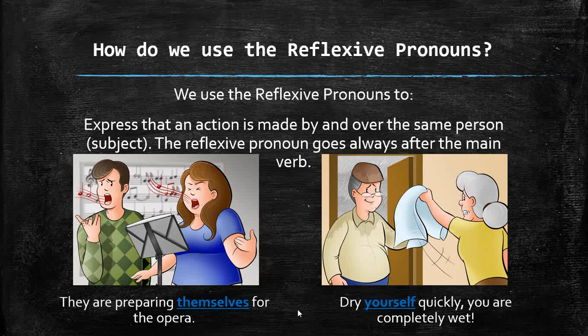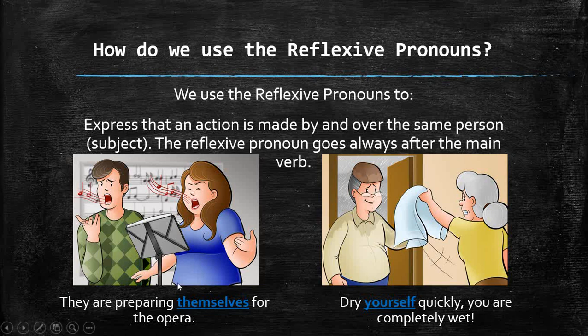You're completely wet. Dry yourself. This is expressing that this man should dry himself. He has to do the action over himself because he's completely wet.